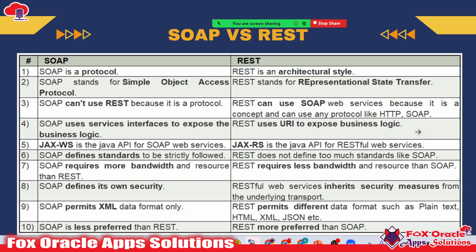Correct. So Asim, a file and a web service are completely different. The file has the data, and how we can process that data in Fusion, that is defined by the API. With the help of the file, we can only get the data, but to process the data in Fusion, that's why we have web services.